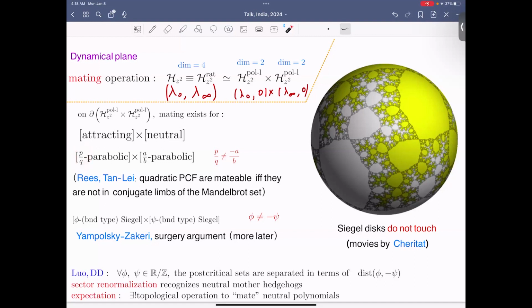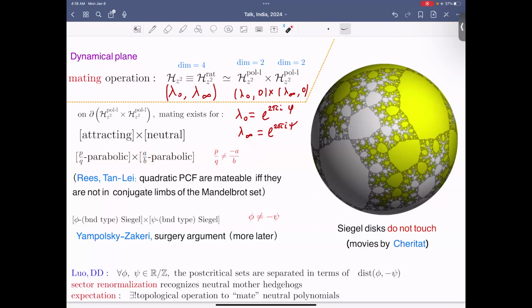So if we have P over Q and A over B, and now I'm switching into rotation numbers, assuming that lambda naught is e to the power 2 pi i phi, and lambda infinity is e to the power 2 pi i psi. If phi and psi are rational, then the mating exists, unless there is an obstruction, unless one is the negative of the other.